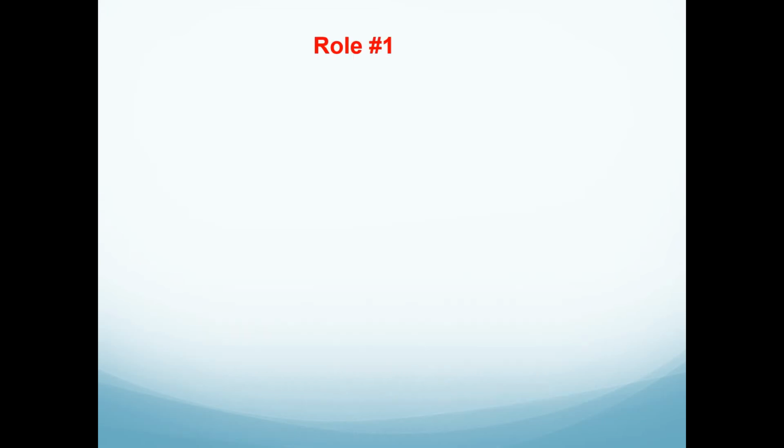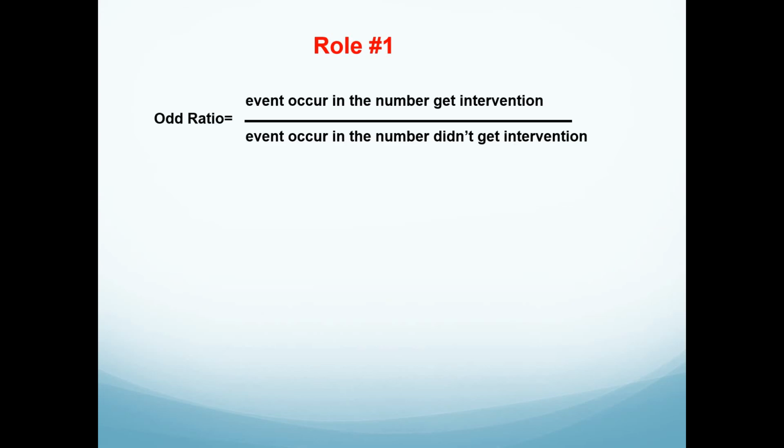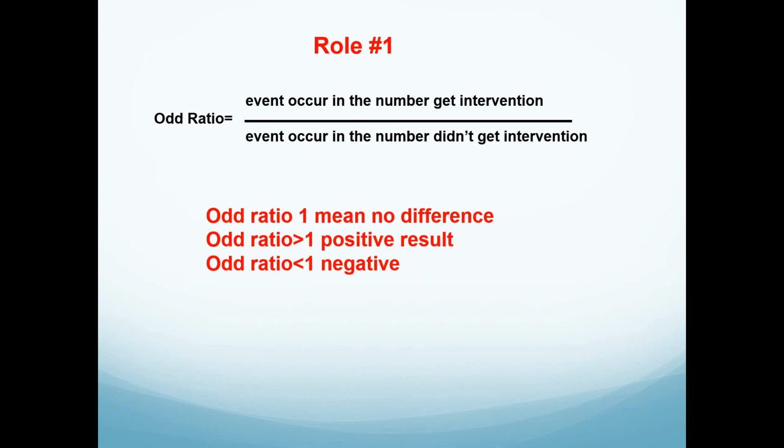So how are we going to interpret the odds ratio? We know that the odds ratio is events occurring in the number getting the intervention divided by the number who didn't get the intervention. If it equals 1, that means it's insignificant, no difference.